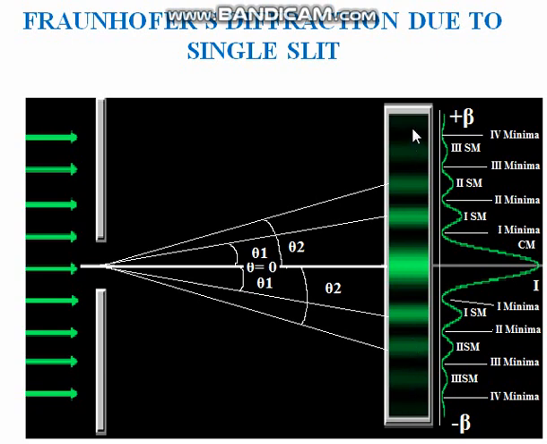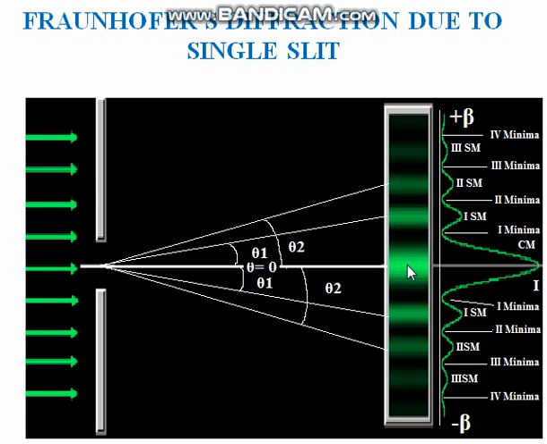Suppose this is the screen, and you can see a collection of bright and dark bands on it. At the middle point we obtain the central bright band.